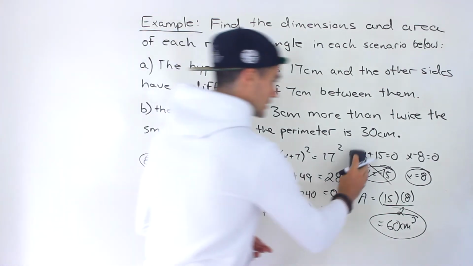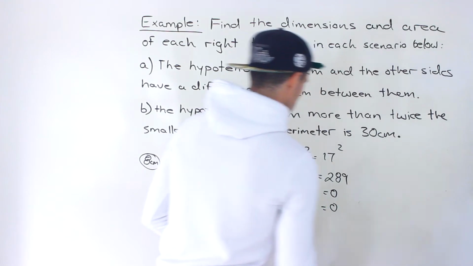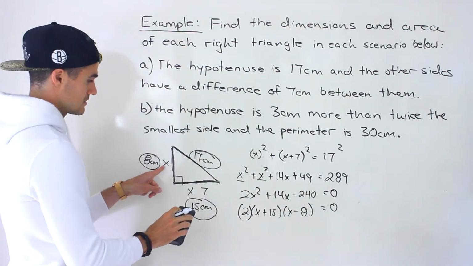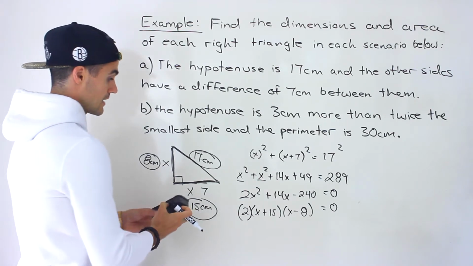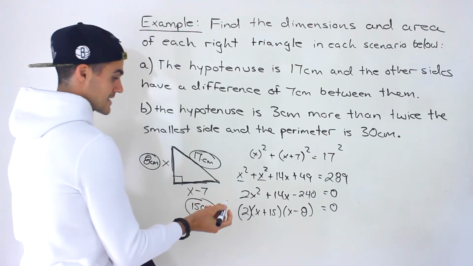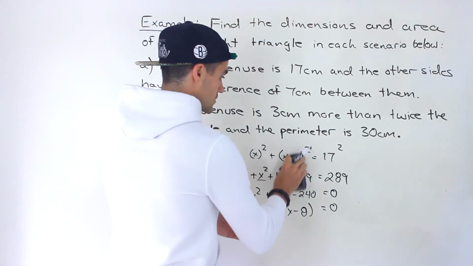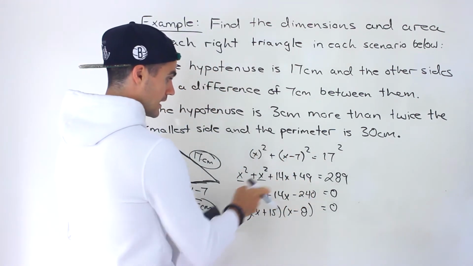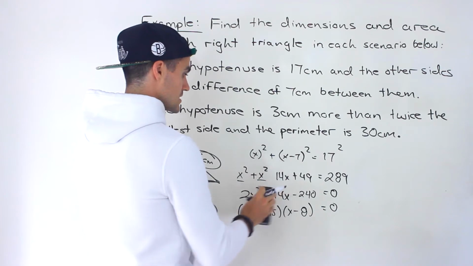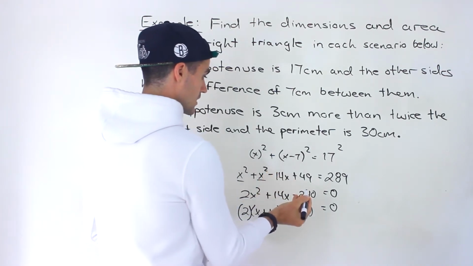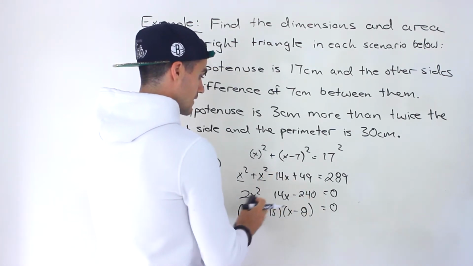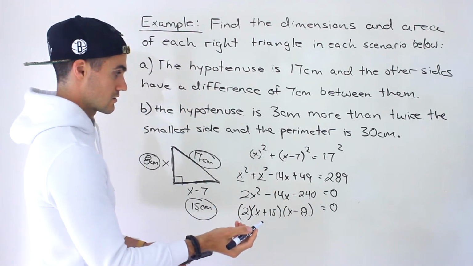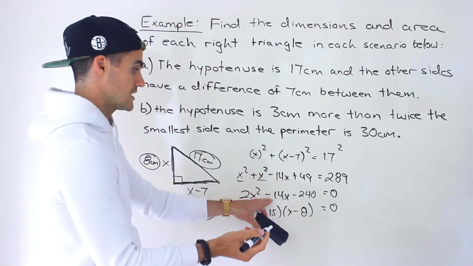Now, as I mentioned, I'm going to quickly also show you what if you decided this to be x, the longer side, and then you would have x minus 7 over here. So if instead we did that, the only thing that would change is this over here. You'd end up with a negative 14x.